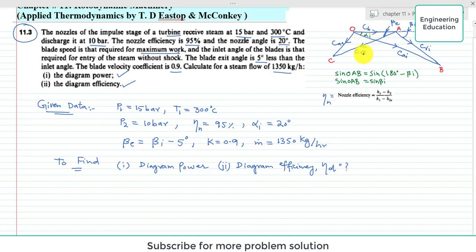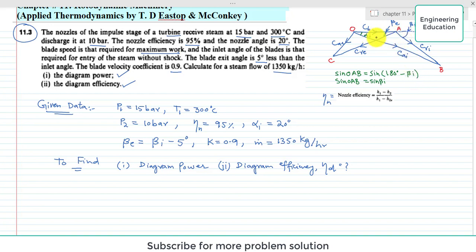CRE is the relative velocity at exit with respect to the blade, and CAE is the absolute velocity at exit. And the angle alpha I is the nozzle angle at the inlet, beta E is the blade angle at exit, and beta I is the blade angle at inlet.